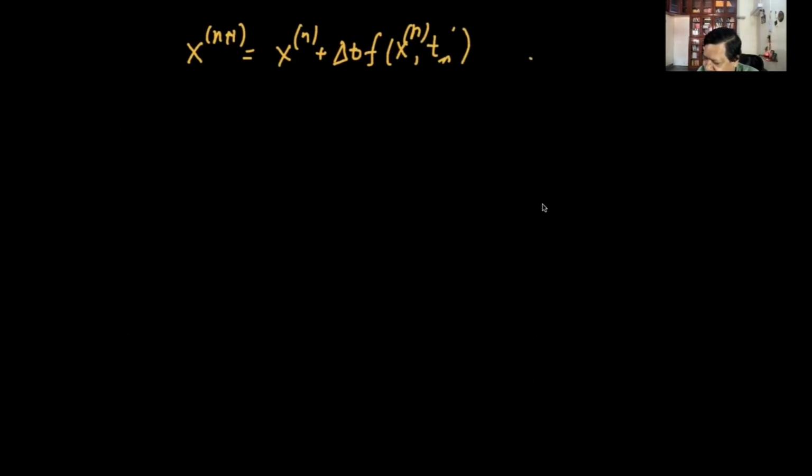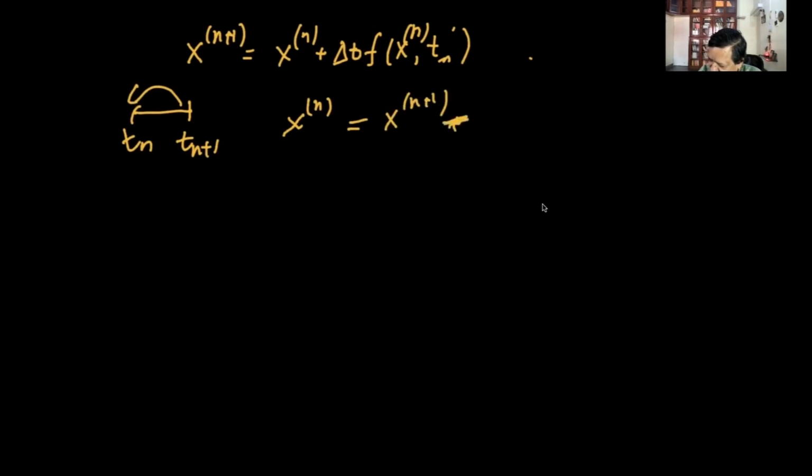Going from t_{n+1} to t_n, apply Euler only, my final state is x_n. So x_n equals x_{n+1} minus delta t, since I go back in time so delta t is negative, times f, computed at the current location, here, x_{n+1}, t_{n+1}.